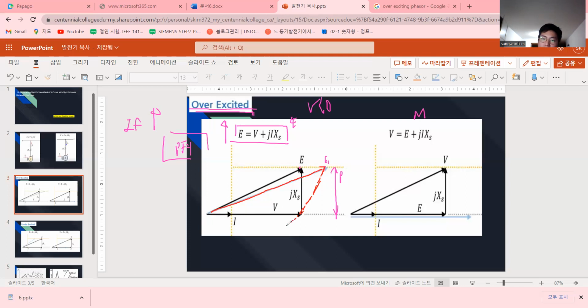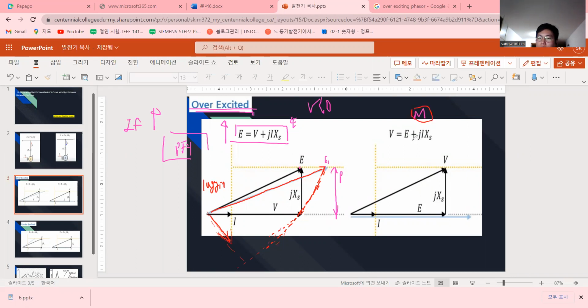We see it, right? So the current is lagging. Compare that with the motor.